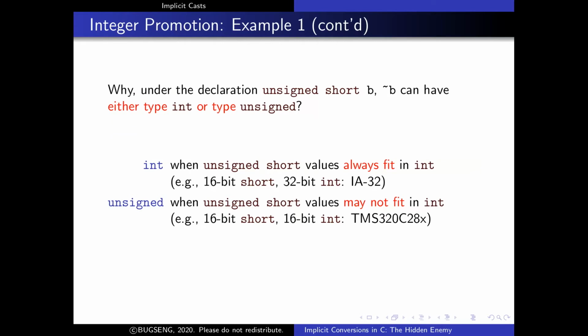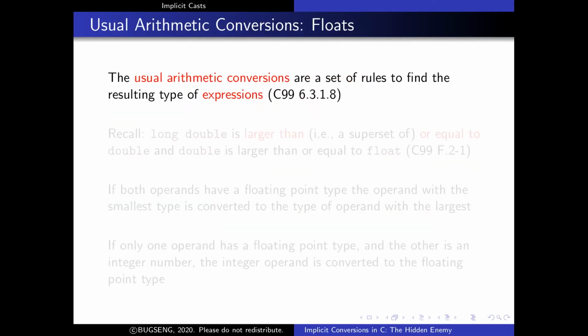Here, since not all the values of type unsigned short can fit in int, b is promoted to unsigned, and so tilde b will have type unsigned. Integer promotions are easy. Now we go to usual arithmetic conversion.